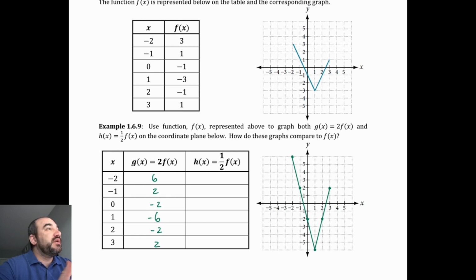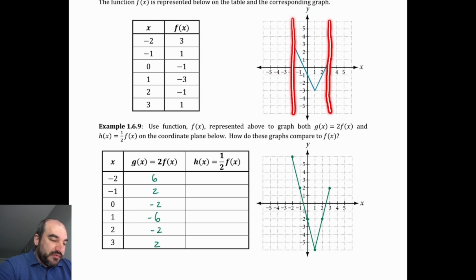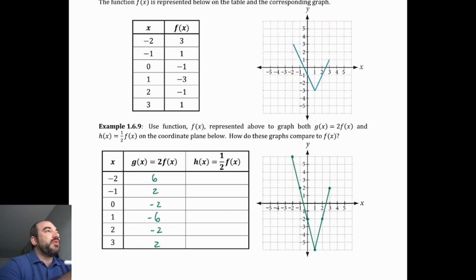Skinnier, like pushed in from the sides, right? Like skinnier, left to right skinnier. This actually did not get skinnier because, as you can see, the graph is still spanning from negative 2 to positive 3, right? It's still going from negative 2 to positive 3. It's just vertically been stretched. So I wouldn't call it skinnier because we're not actually squishing left and right at all. We're instead stretching it vertically, right?